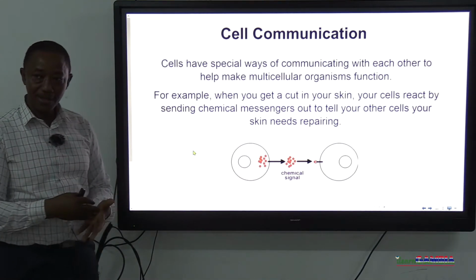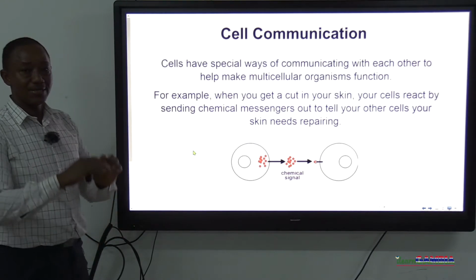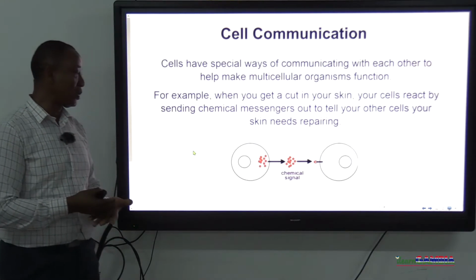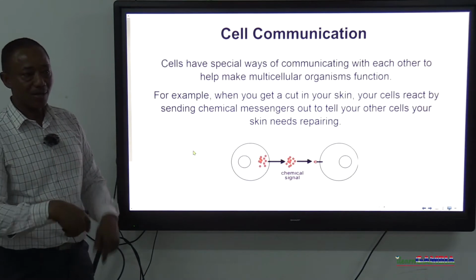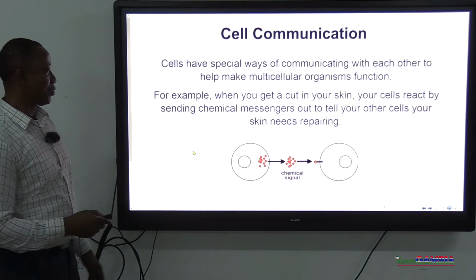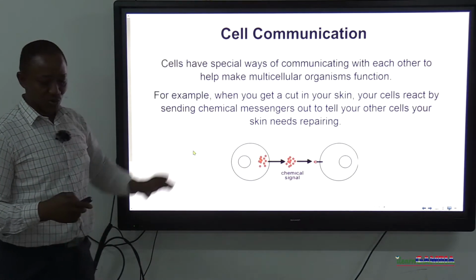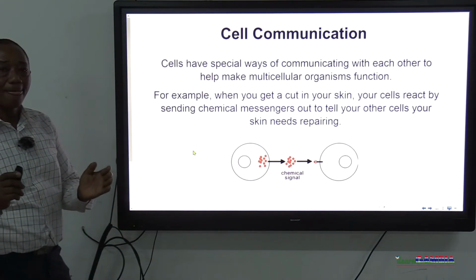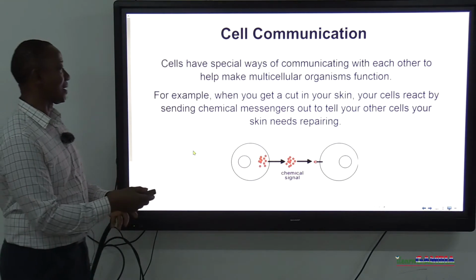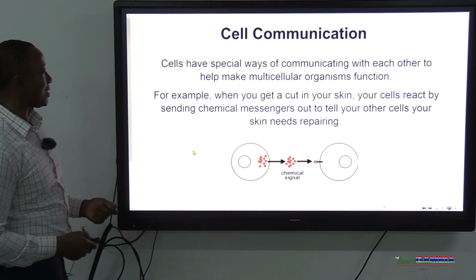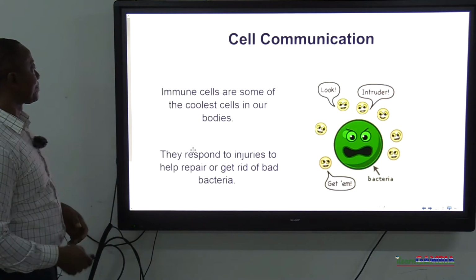Because if it is not repaired, it means one, it's a gate for germs to come in, and two, the gates are open and the blood can be wasted. So because of that, your cells must communicate with each other so that the right things can be done, and that is what helps you to stay alive.